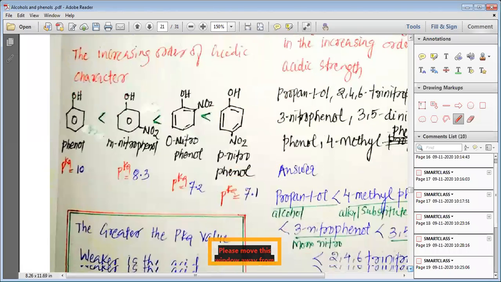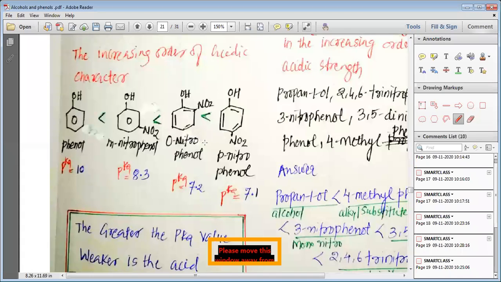And that is why, my dear students, you can see here that in increasing order of acidic character, phenol is less acidic than metanitrophenol, metanitrophenol is less acidic than orthonitrophenol, and orthonitrophenol is less acidic than paranitrophenol.